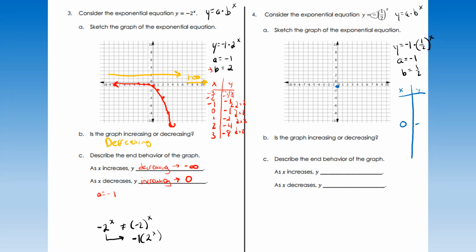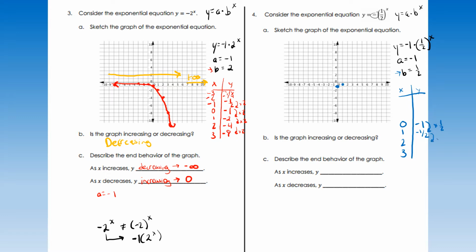So 0 is at -1. And what happens as x goes 1, 2, and 3? Well, I'm going to use my common factor of 1/2. So I go from -1 and multiply times 1/2. So -1 times 1/2 is -1/2. So if x is 1, y is -1/2.